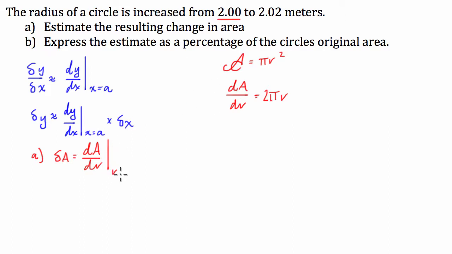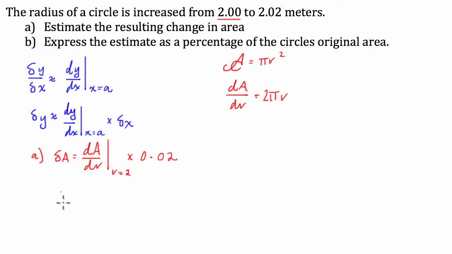So r equals 2, and then we multiply it by the small change in the radius. In this case, we are going from 2 to 2.02, so that's just a 0.02 change.